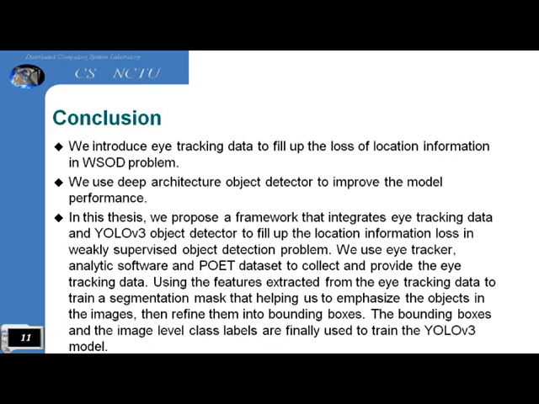Using the features extracted from the eye tracking data, we train a segmentation mask that helps us emphasize the objects in the images, then refine them into bounding boxes. The bounding boxes and the image level class labels are finally used to train the YOLOV3 model.